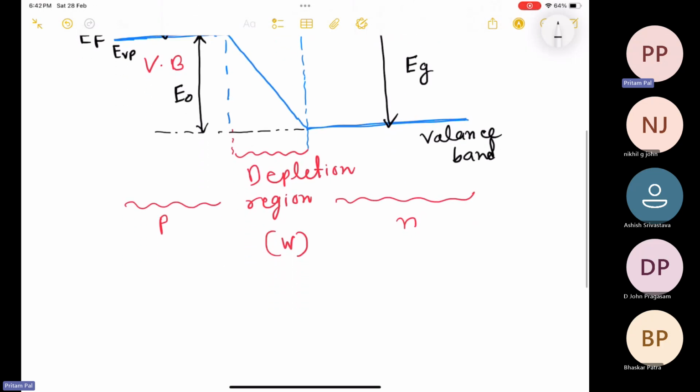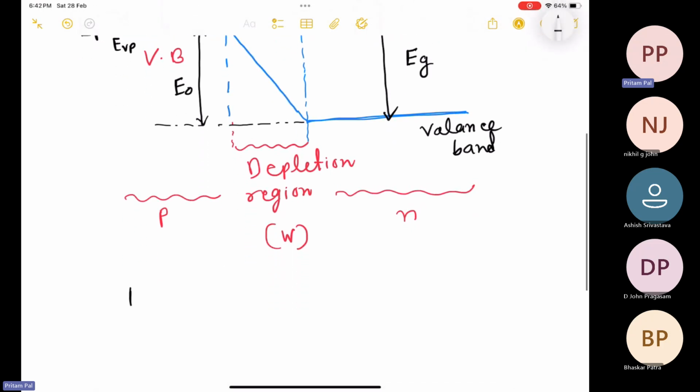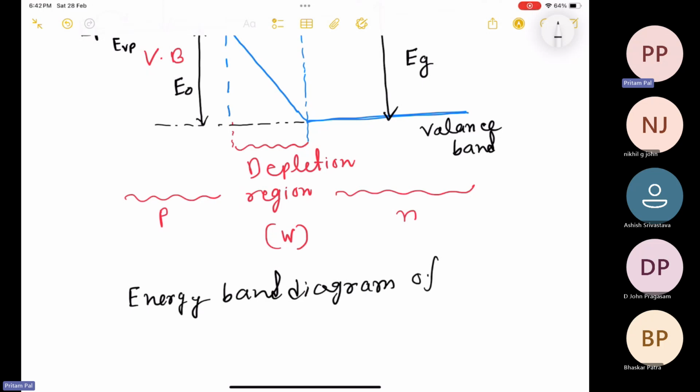So this is a schematic, or energy band diagram, of an open circuited PN junction.